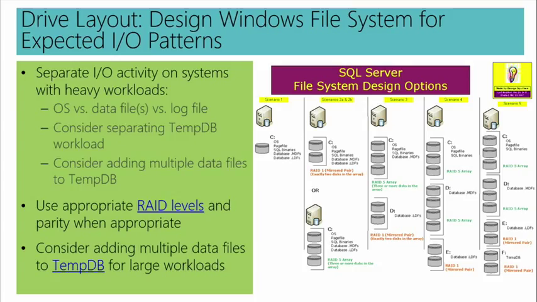And then finally, we have log file activity, which is sequential and write-oriented. One of the biggest I/O taxes is moving that I/O head. So we don't want to move the I/O head, in particular on the log file. And also on the log file, I don't want to have the overhead of RAID parity.